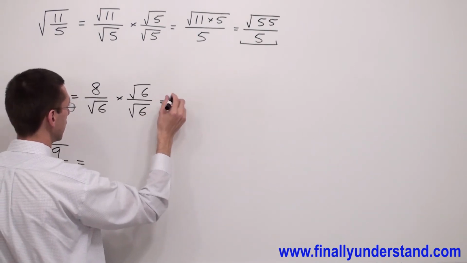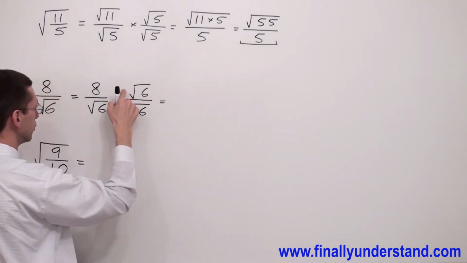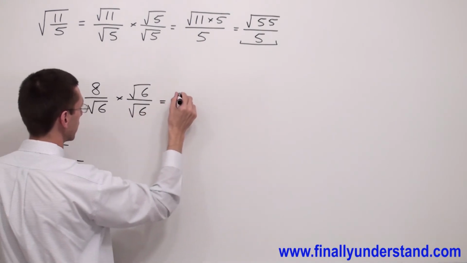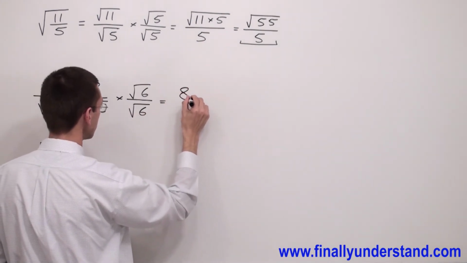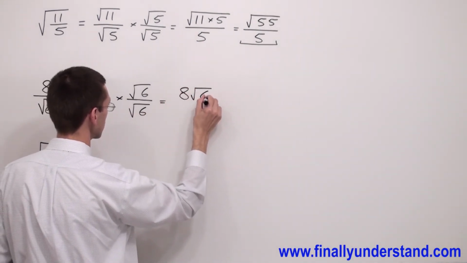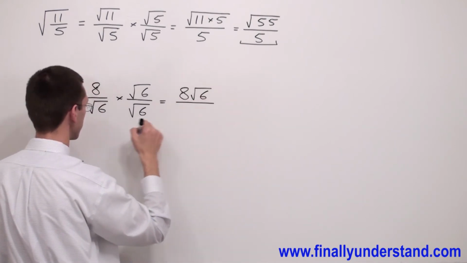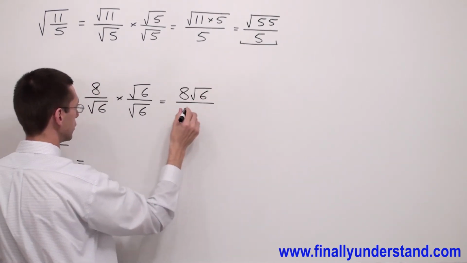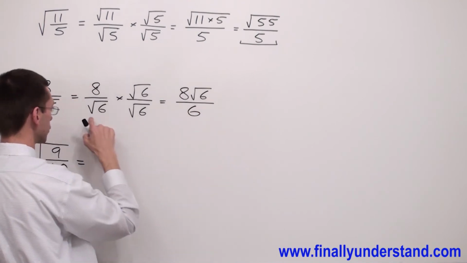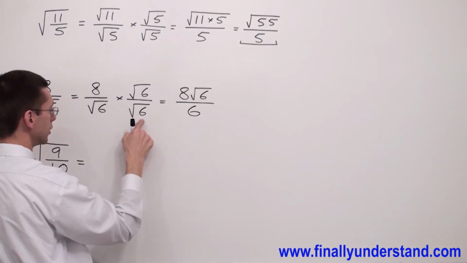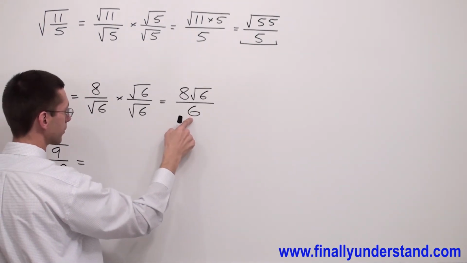Now, I have to just multiply numerator with numerator, denominator with the denominator. So I have 8 square root of 6 over 6. Why? Because square root of 6 times square root of 6 is equal 6.